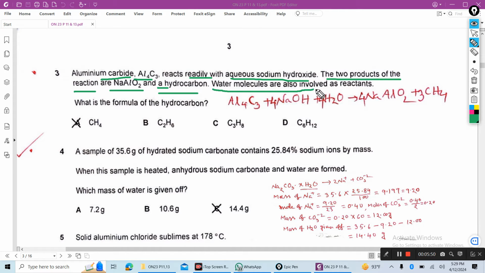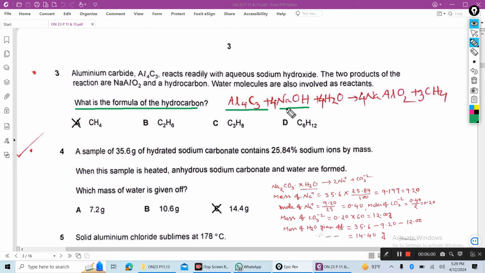Water molecules are also involved as reactants. What is the formula of the hydrocarbon? Aluminum carbide reacts with alkaline sodium hydroxide to form sodium aluminate plus methane. So the answer is A. Methane is the hydrocarbon.